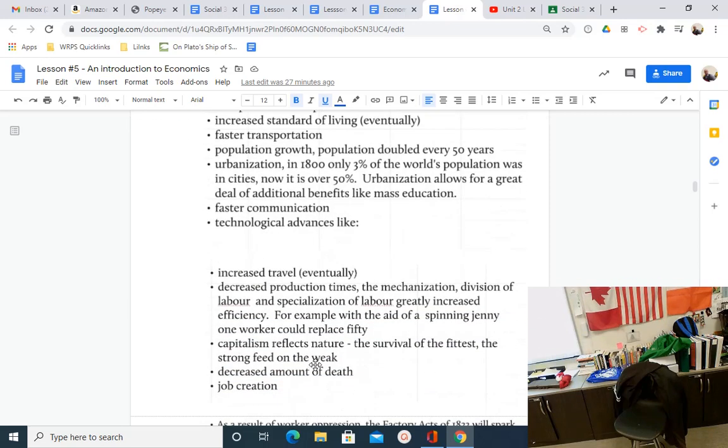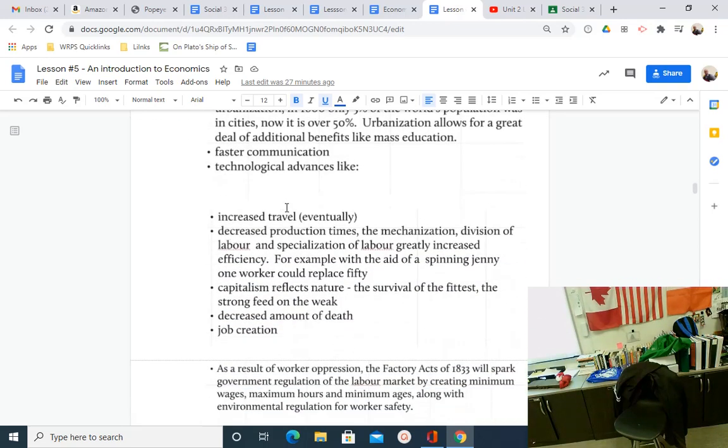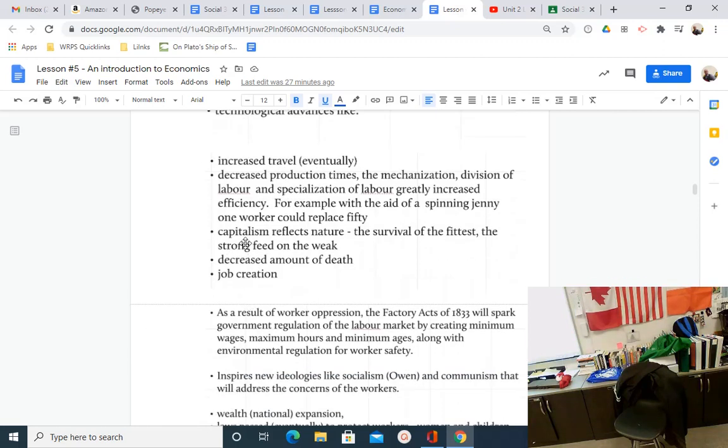Faster communication, increased travel time, decreased production time, we get to specialize. Some would say capitalism is positive because it reflects nature. It's based on survival of the fittest, strongest feed on the weak. Strong do what they can, the weak suffer what they must, grade 10 social.